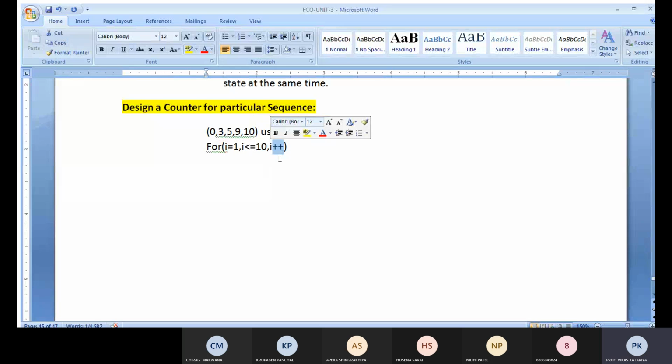So here a single counter design generates the sequence 1, 2, 3, 4, 5, 6, 7, 8, 9, 10, then it will terminate. After 10, it will not generate any sequence.